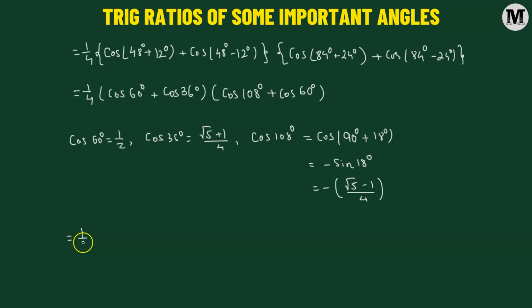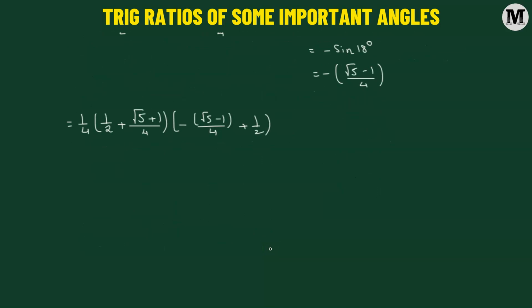We will get 1 over 4 multiplied by cosine 60, that's half, added to cosine 36, so that's square root of 5 plus 1 divided by 4. All multiplied by cosine of 108 degrees, that's going to be negative of square root of 5 minus 1 divided by 4, added to half. Let's further simplify.